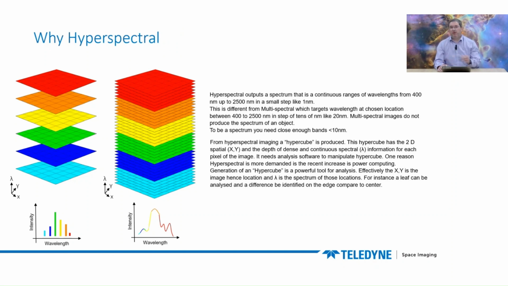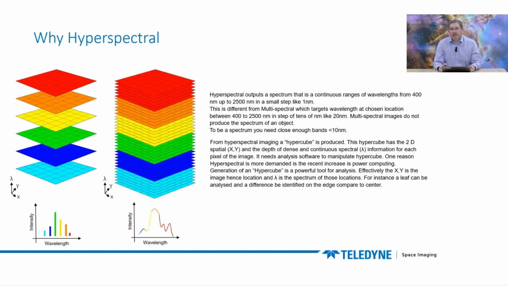This gives way more information, and with the computing power that we have today, it enables us to extract more information in one image in a reasonable time and cost.